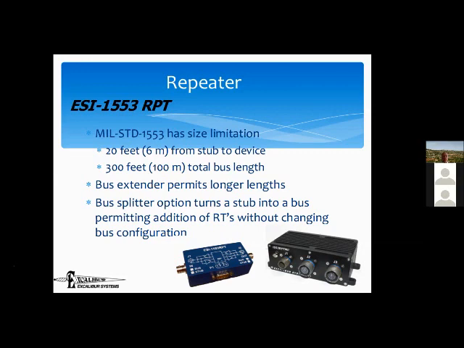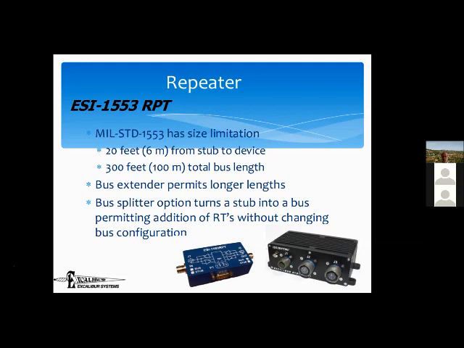So if there was a way to turn a stub into a bus. So now instead of a stub, where you're only allowed to stick a single RT into it, if I could somehow alter the signal so that it looks like it's a bus, then I can stick a bunch of RTs onto it, and I could attach it to a coupler and have 5 stubs coming out of it, instead of just having one stub out.